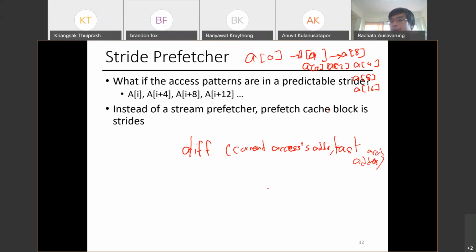You actually can do this in assembly in the Intel x86. In the Intel x86, you have this instruction called prefetch, and then there's a number that goes here.